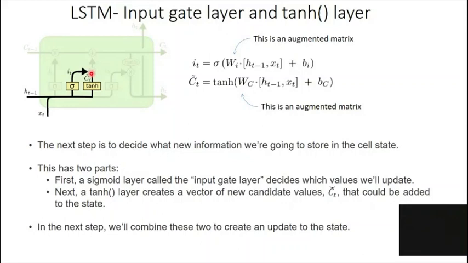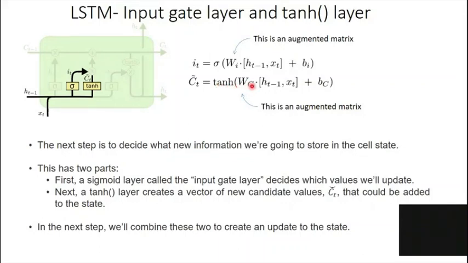All right, so what we have here is another matrix wi, which is again an augmented matrix for multiplying with h of t minus 1 and with x of t. And then you have a second function, with the activation function being tanh again.